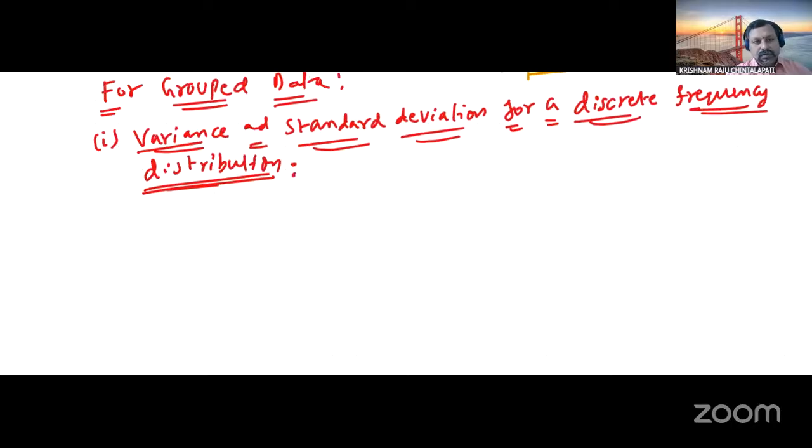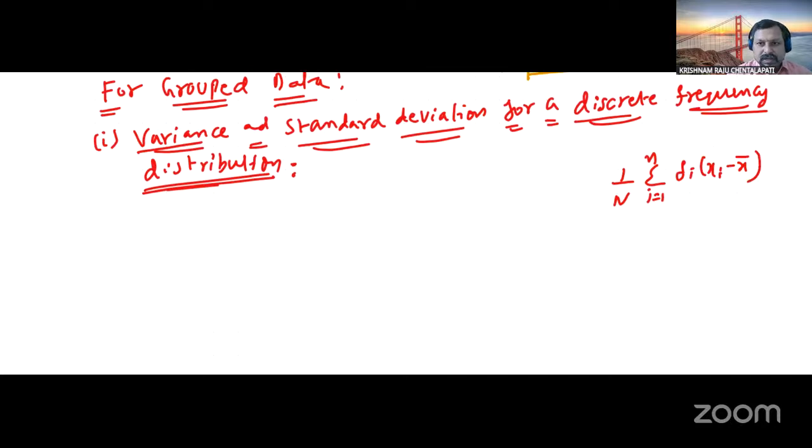Right? So what is the formula? Mean deviation with respect to mean. What is the formula for mean deviation with respect to mean? 1 by n times summation i equal to 1 to n, fi times xi minus x bar. Clear? This is the mean deviation with respect to mean in a discrete frequency distribution.